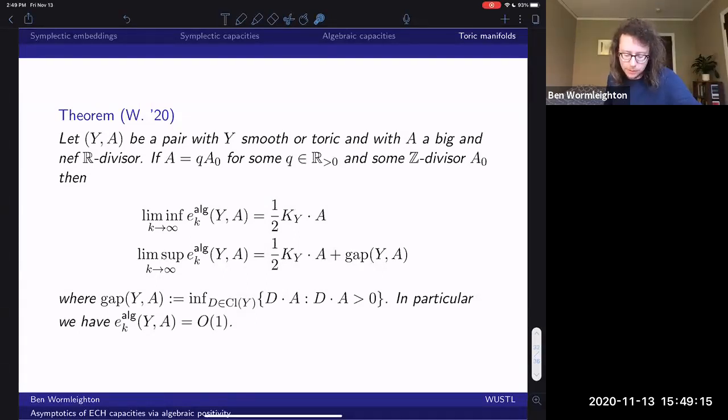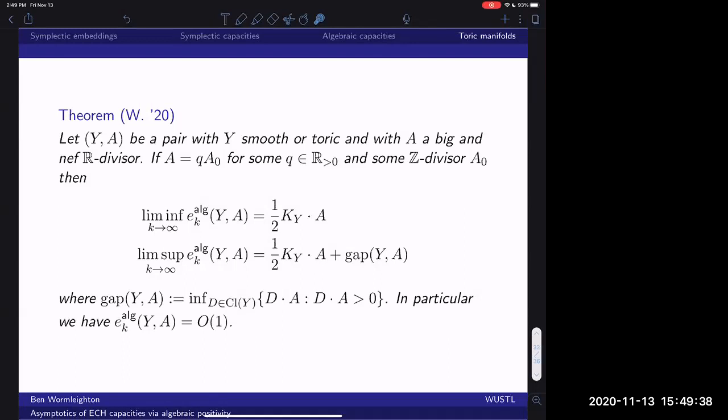The lim inf of E_k is a half times the canonical times A, and the lim sup is the lim inf plus some constant associated to the pair. I wrote out what the constant is, but at least to me, it's not especially illuminating.